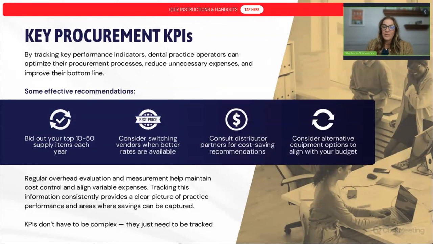And then the last one I threw in here was to talk about alternative equipment options to align with your budget. There are so many changes in the industry happening with intraoral cameras, sensors, for example, moving to subscription models, intraoral scanners, just different manufacturers entering the space.